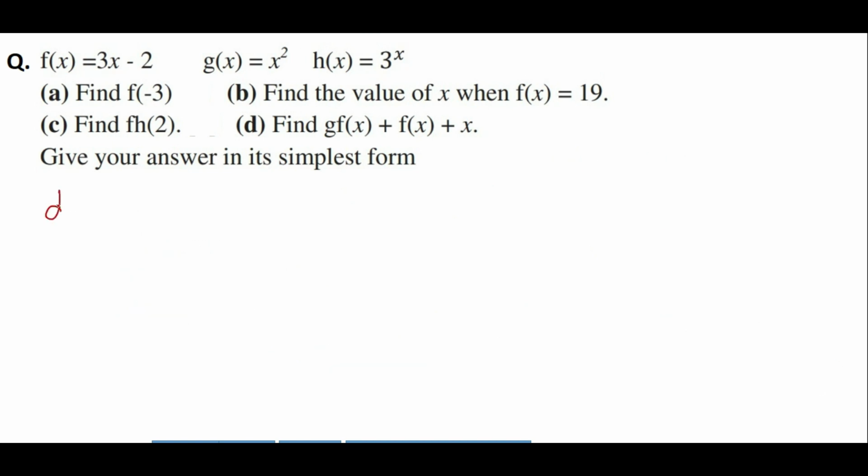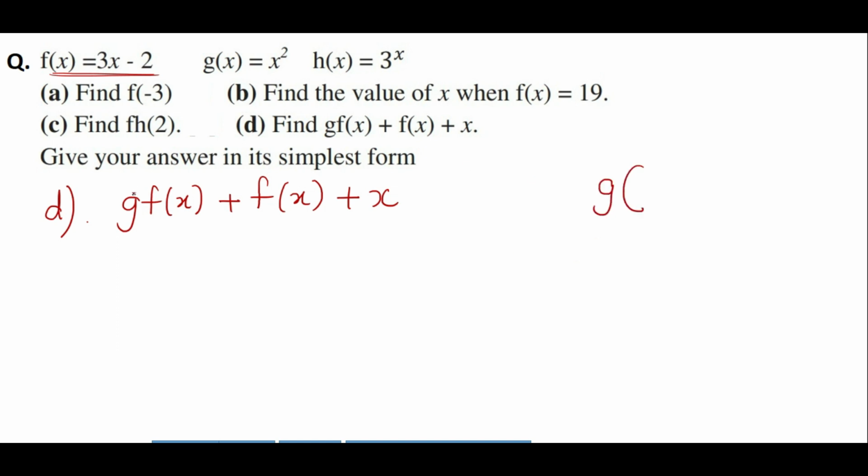Part D, find g f of x plus f of x plus x. So you have f of x here, which is 3x minus 2. You want g f of x, that means now g is a function of f of x.